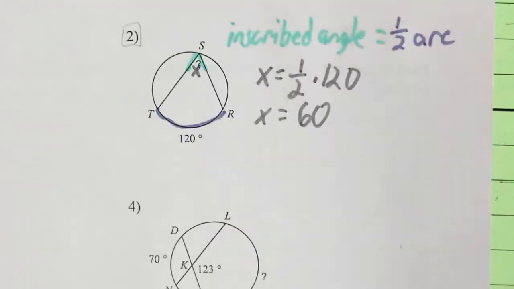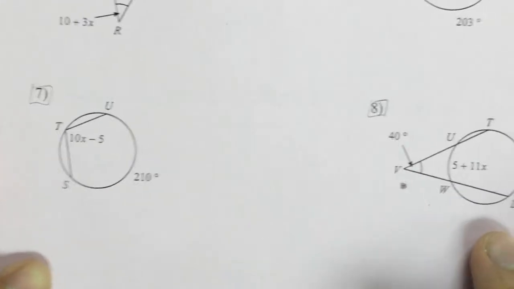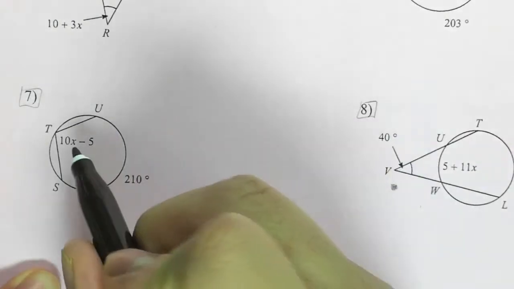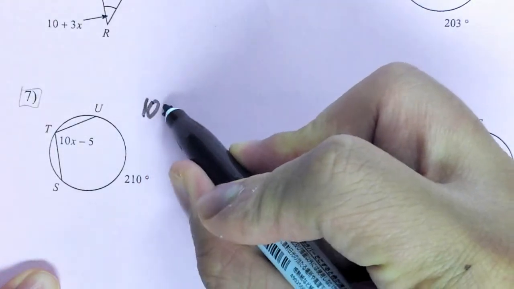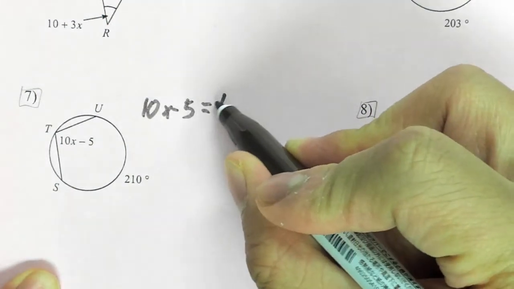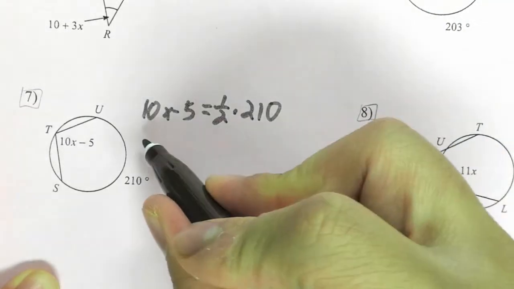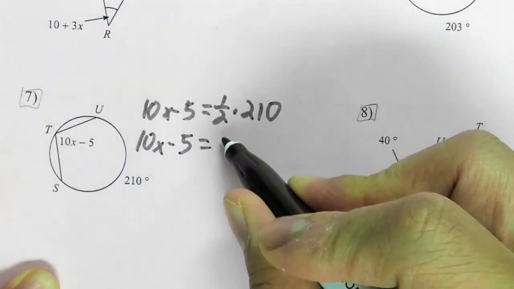Right. Let's take a look at this other question. So same concept, inscribed angle equals 1/2 your arc. So we have my inscribed angle, 10x minus 5 equals 1/2 my arc, 1/2 of 210. Solving for x, we have 10x minus 5 equals 1/2 of 210, 105.